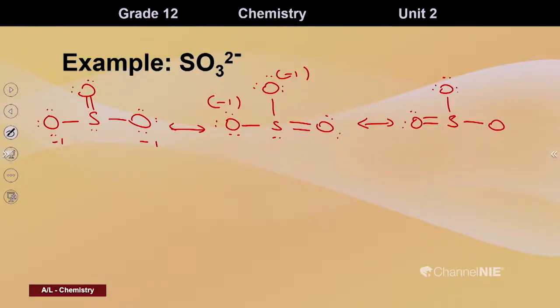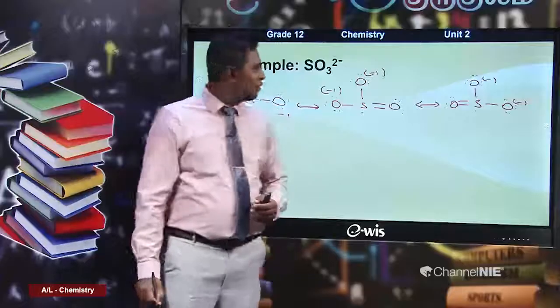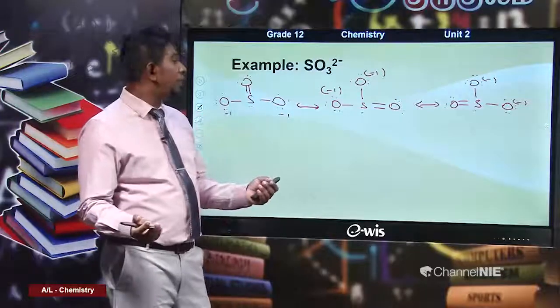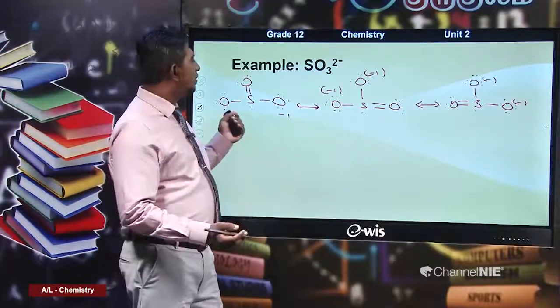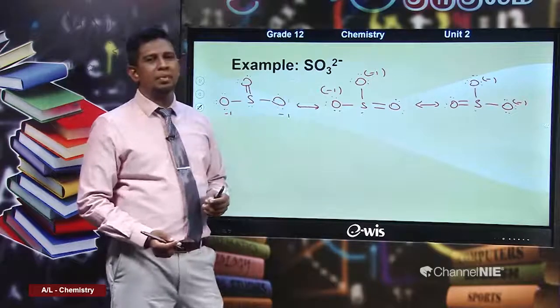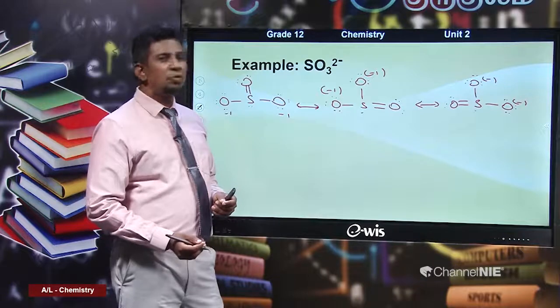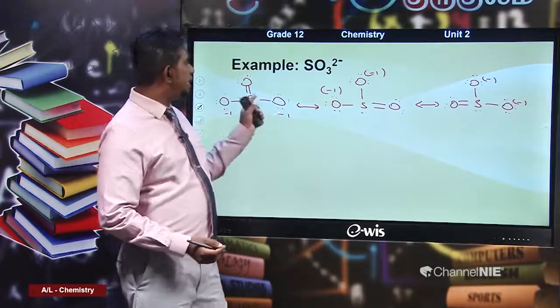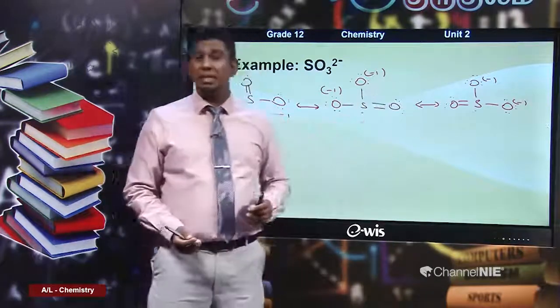These are the resonance structures standing for SO3 2-. You will learn later on that these are equally stable resonance structures.